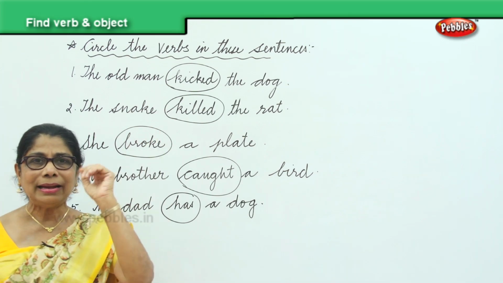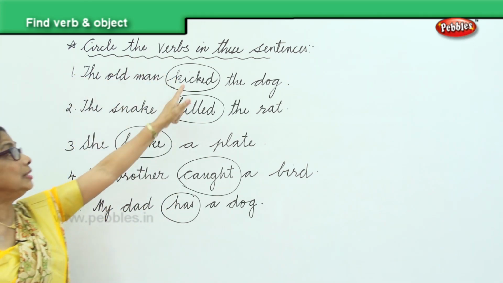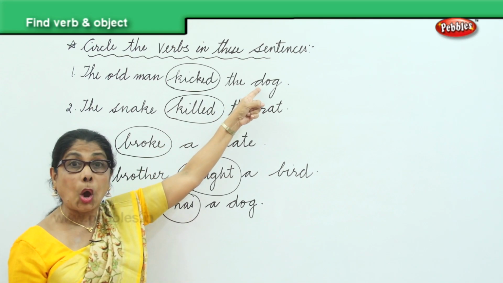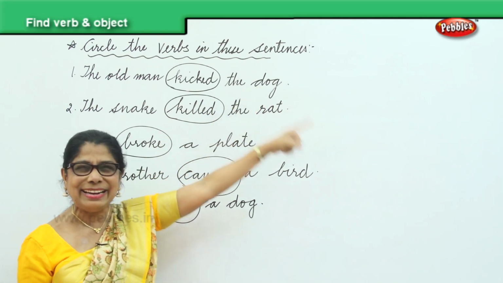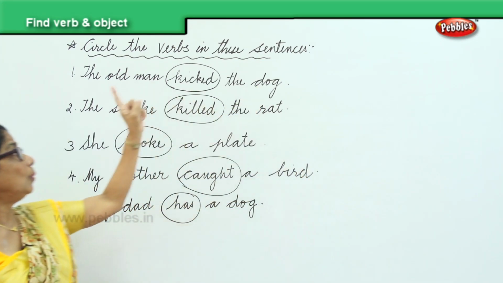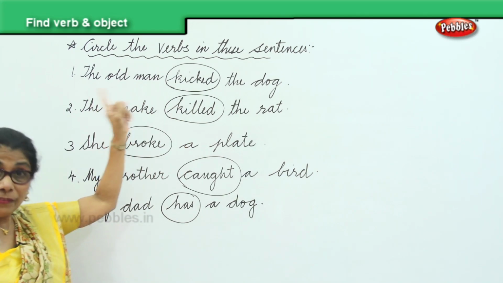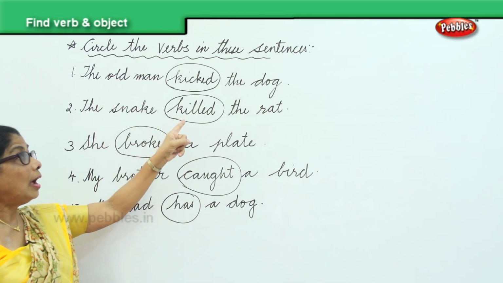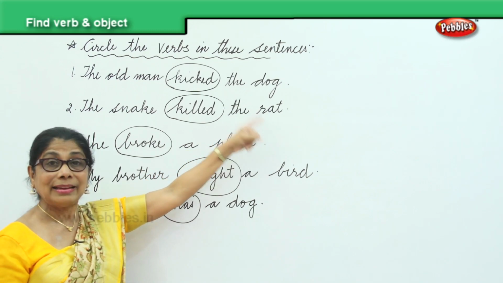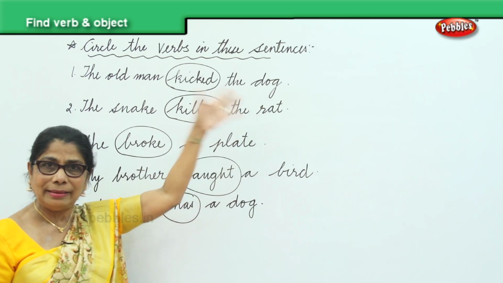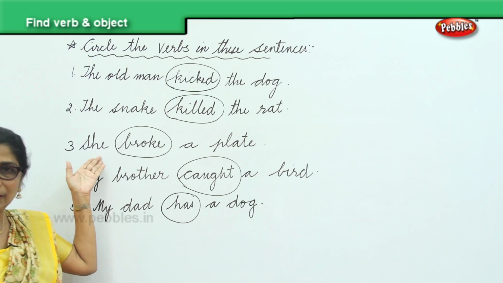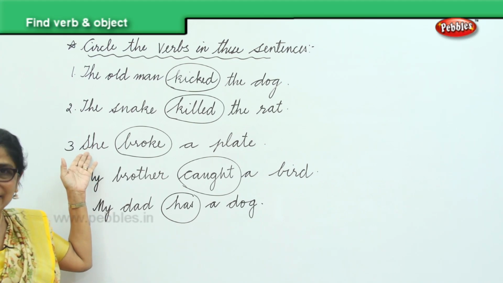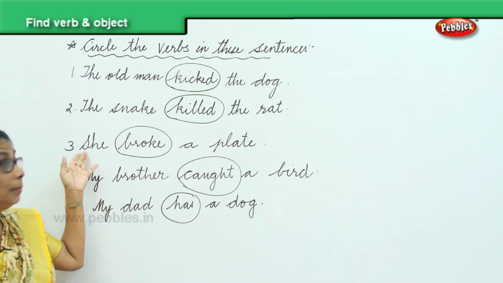Now, let's look at all these sentences, circling the verbs. What did we learn? A sentence has a subject, it's got a verb, and it's got an object. So, something is done to the object. What is the subject here? The snake. What is the verb? Killed. What is the object? Rat. What has been done to it? The rat is killed. Now, what is the subject here? She. Where is the verb?